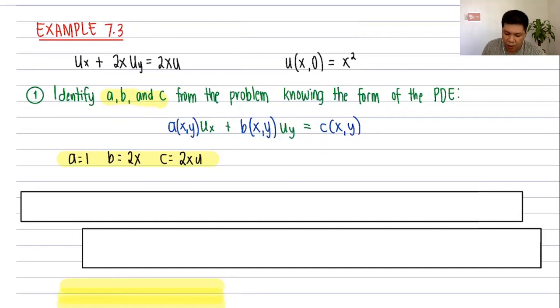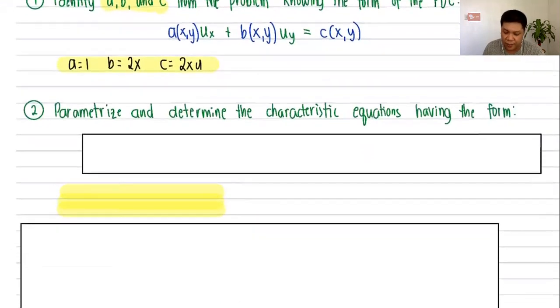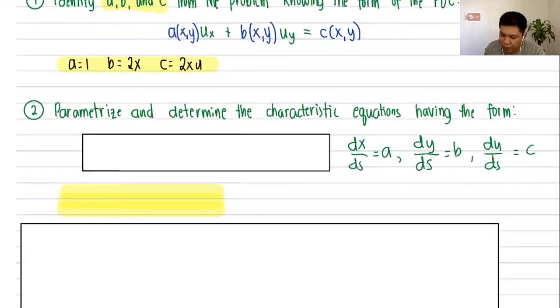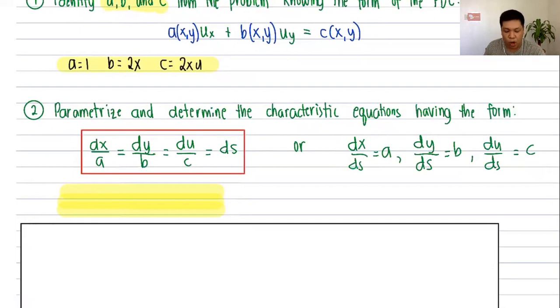Our next step is to parameterize and determine the characteristic equations. Remember, having the form from our previous slides, dx over ds equals A, dy over ds equals B, and du over ds equals C. That's also similar, as I have explained earlier, to this set of equations over here once I rearrange the variables.